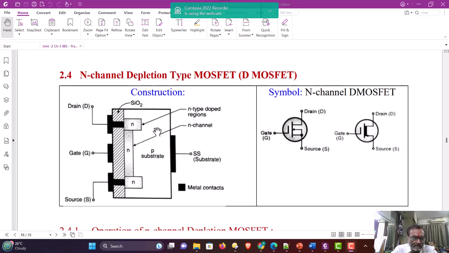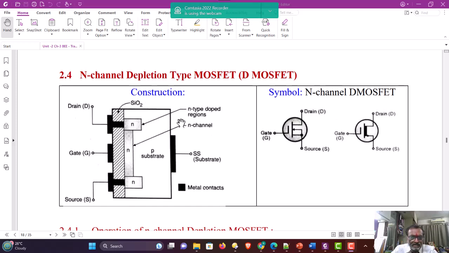In this bar, two islands of N type of material are diffused by using diffusion procedure. And similarly, some N minus type of island is diffused between the two end N plus islands.